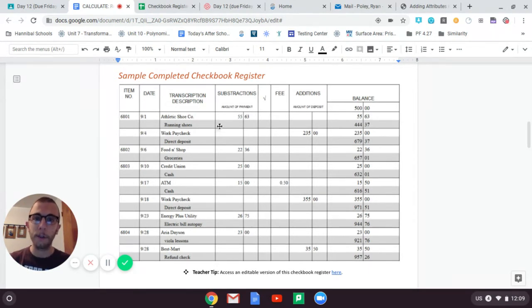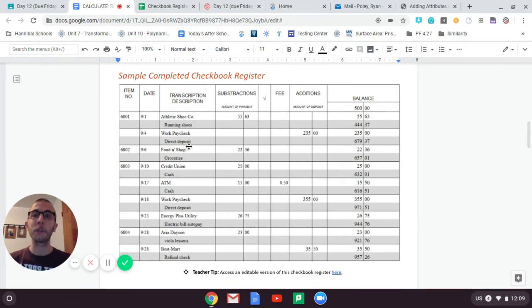So after that first purchase at Athletic Shoe Company, which because of that number, it looks like it was a check, that was a withdrawal, which brought the balance of $500 down to $444.37.